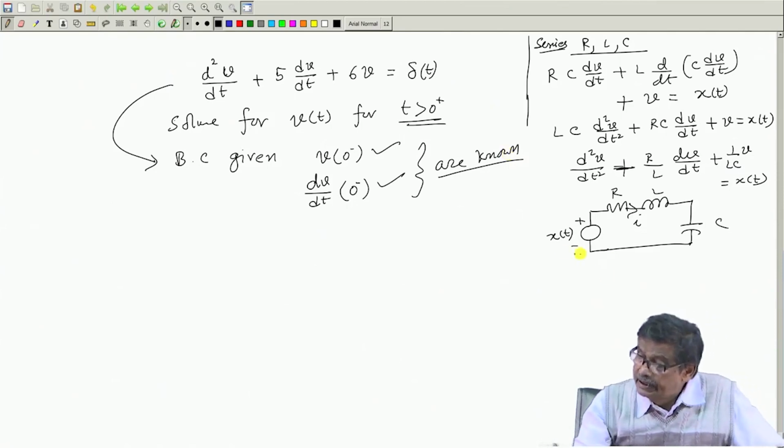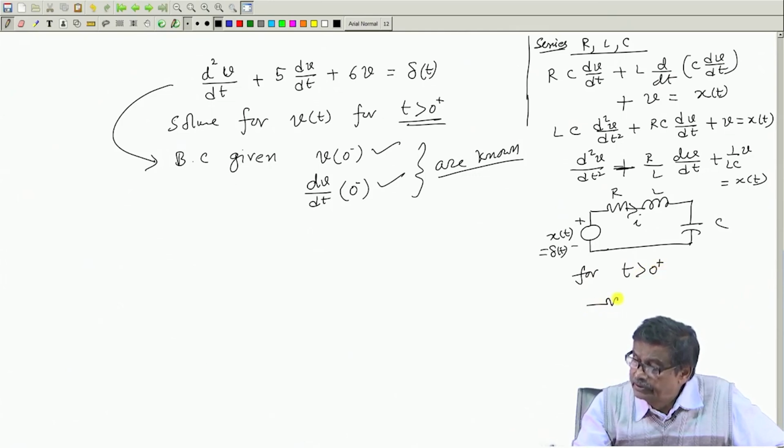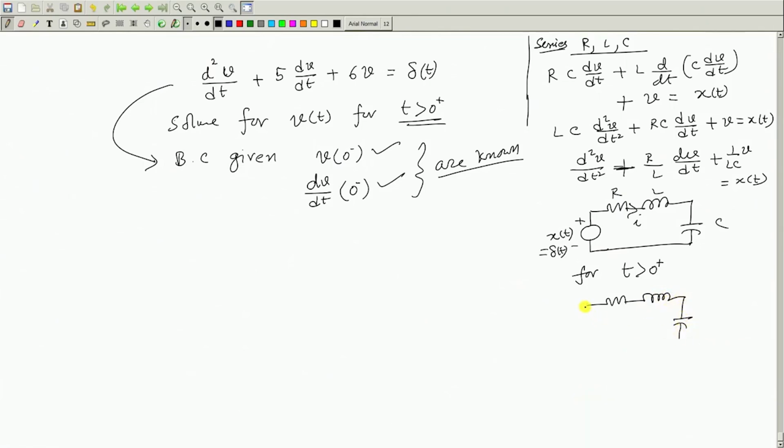Now, x(t) is equal to delta(t). For t greater than 0 plus, the impulse does not exist at that time, and the circuit will look like this. The x(t) is 0. The impulse only exists in the circuit between t equal to 0 minus and 0 plus, because delta(t) only makes its presence felt during 0 minus to 0 plus.